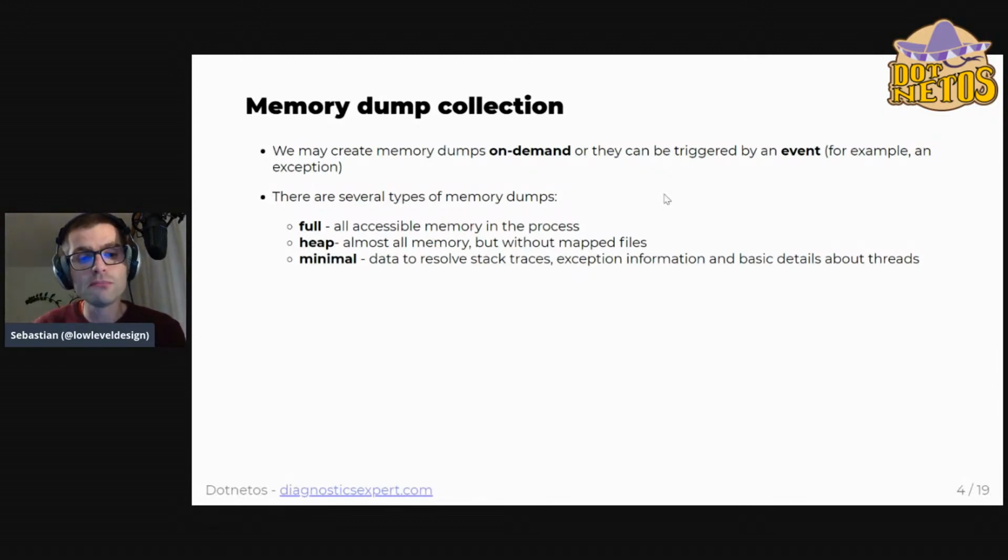And finally, we have this minimal memory dump, which contains only information about the stack traces, about threads, and exceptions. So this type of memory dump is very useful when we need to diagnose an exception that we caught. So we know what caused it, we know why we are creating the memory dump. It's only for the exception, and we just need to look at maybe the call stack or some details in the exception object.